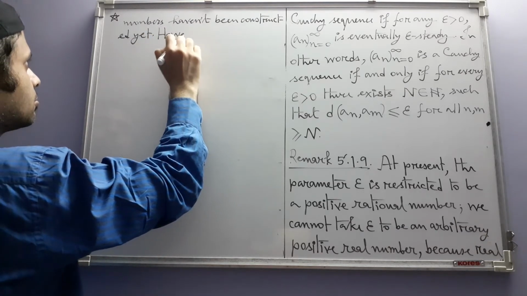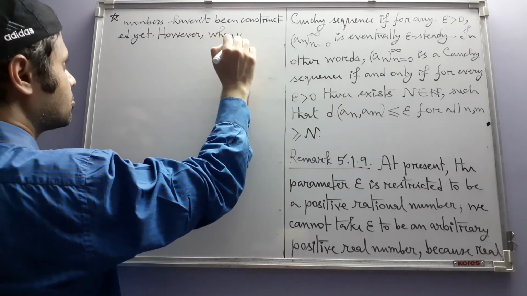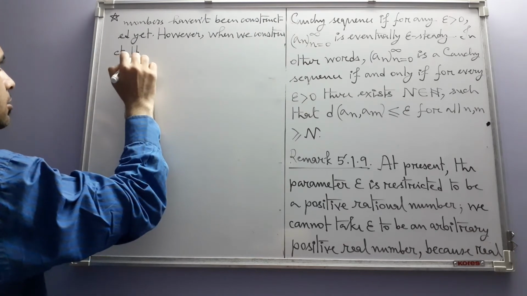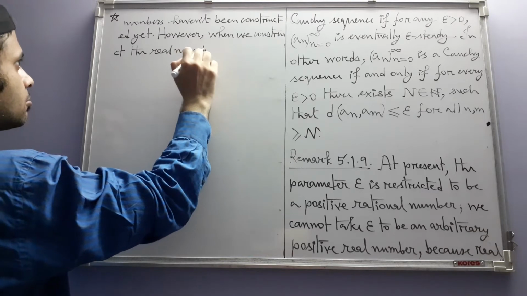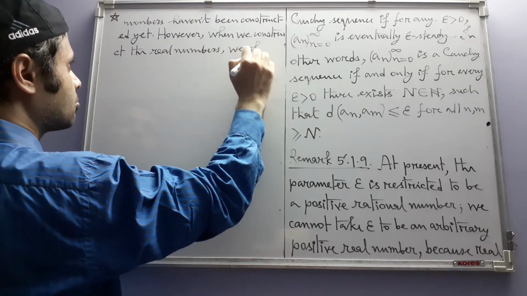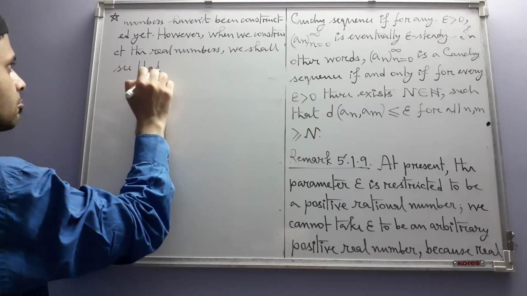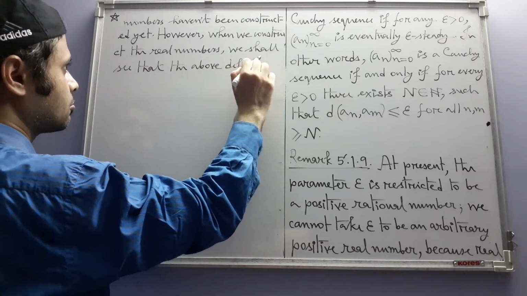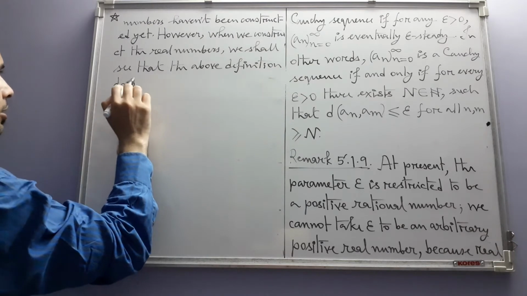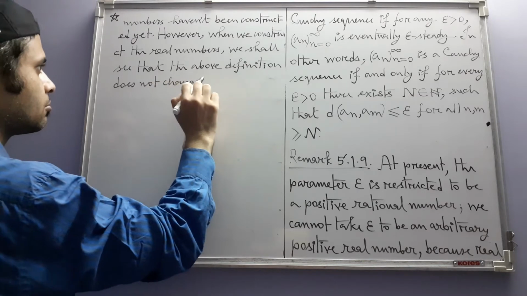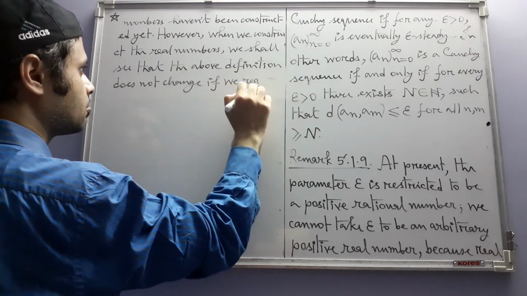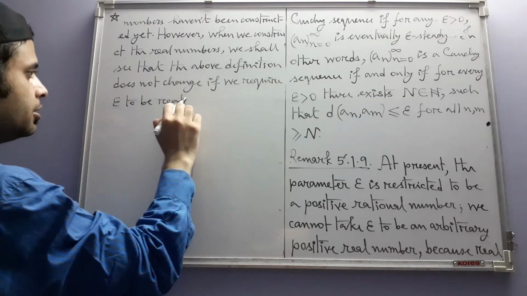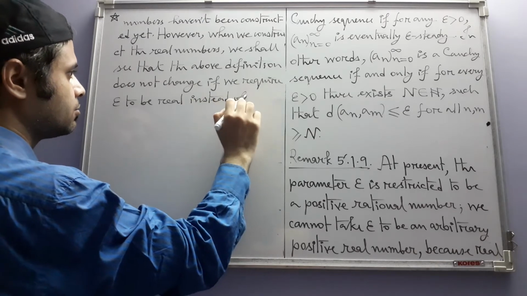However, when we construct the real numbers, we shall see that the above definition does not change if we require epsilon to be real instead of rational.